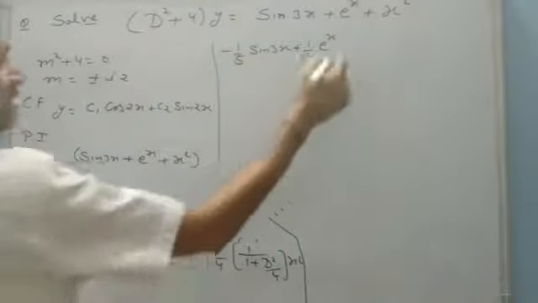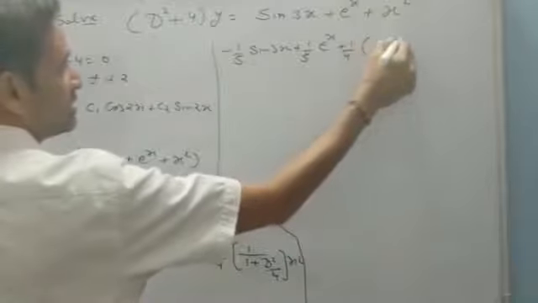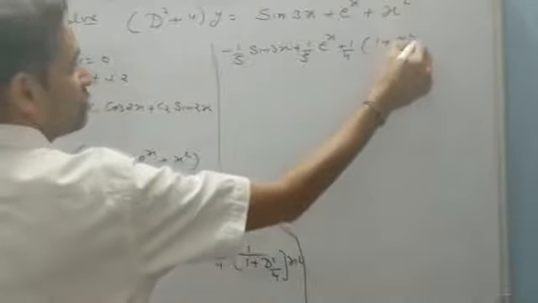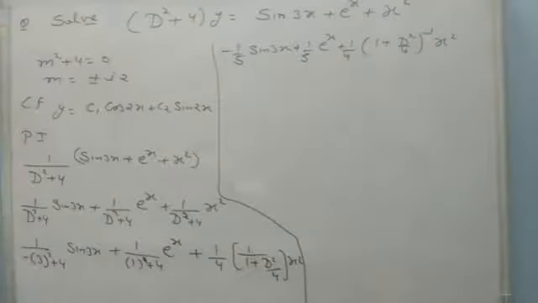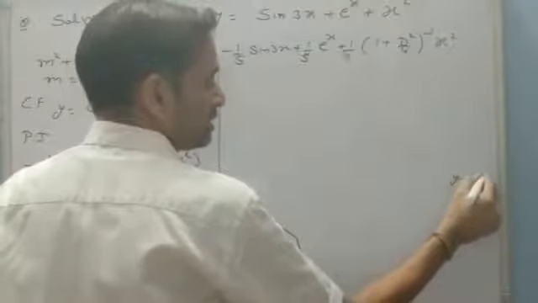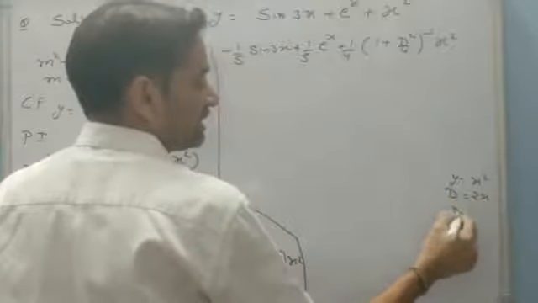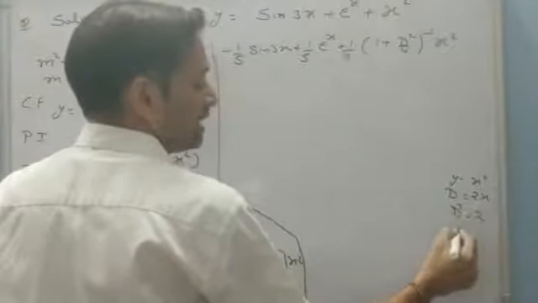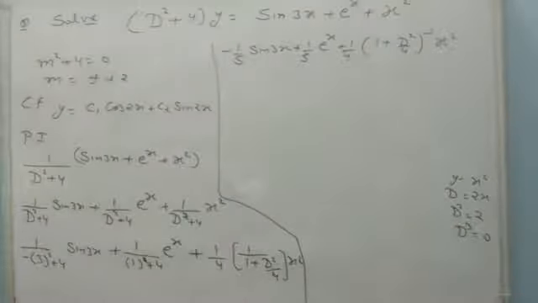And in this case it becomes 1 by 4 [1 plus D square by 4] to the power minus 1 of x square. For doing further, first of all we take y is equals to x square, and the first derivative is 2x, second derivative will be 2, and the third derivative will become 0. So I just need to go till the third derivative, not more than that.